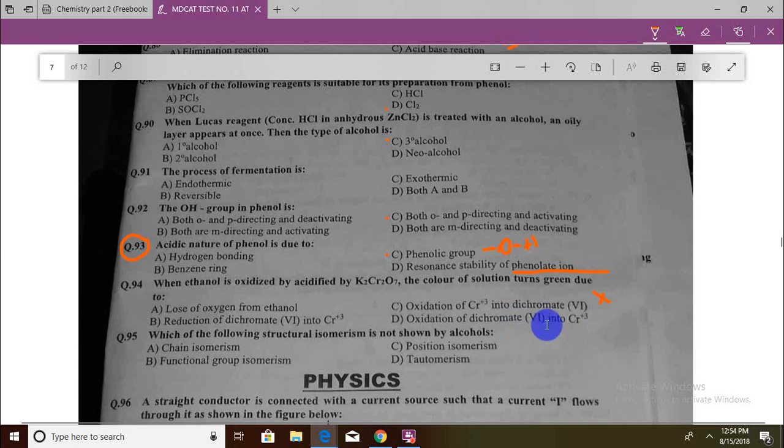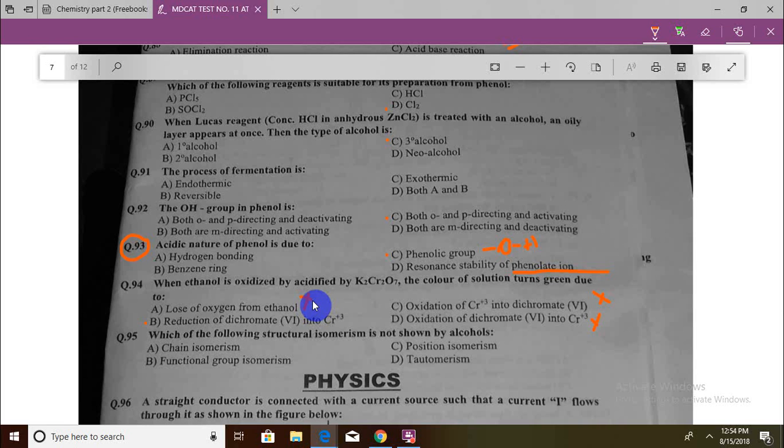No, because it's actually the reduction. The reduction of dichromate, is it in the 6 format? Yes, it's in the 6 format to plus 3. Yes. Well, there hasn't been any loss. And even if it was, the answer of the oxidation of ethanol would be wrong, because while the oxidation of ethanol is something that has happened, it's not the causation. It's not the cause for the change in color.